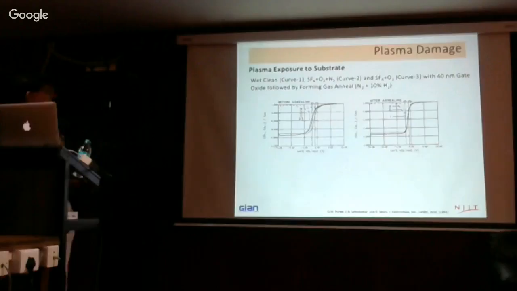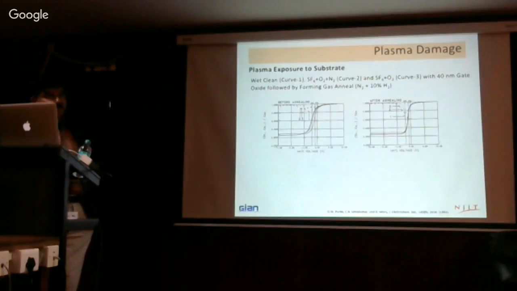And then this is another example in the CV measurements. This is again on plasma damage, exposure to plasma etching. If you look at the CV measurement just immediately after completion of the device, then you can see the distribution. This is a wet-cleaned device, but once you have the plasma etch, they go back.